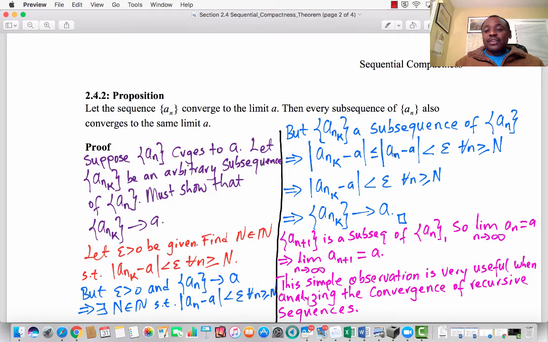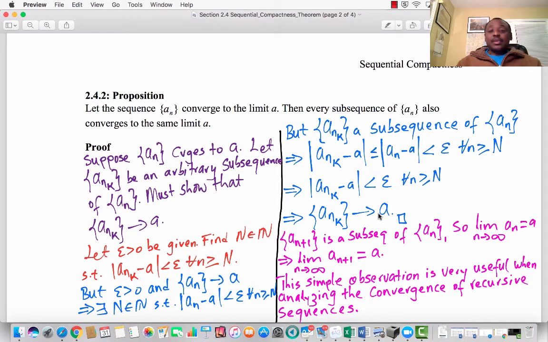But the absolute value of a_n minus a is less than epsilon for every n greater than or equal to N. So following this chain of inequalities, we can say that the absolute value of a_nk minus a is less than epsilon for every n greater than or equal to N. In other words, a_nk converges to a, and we are done.